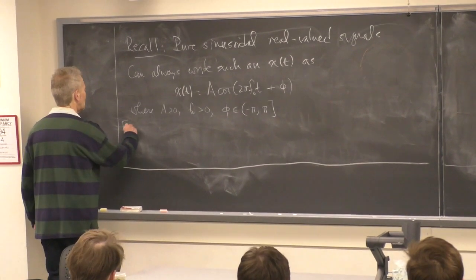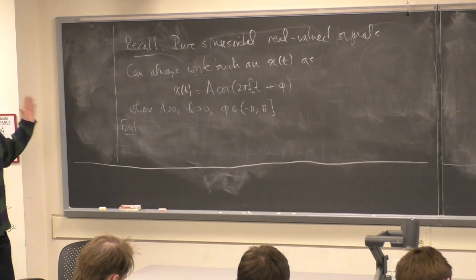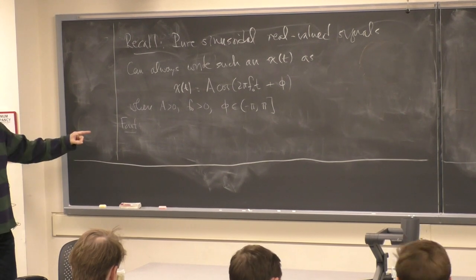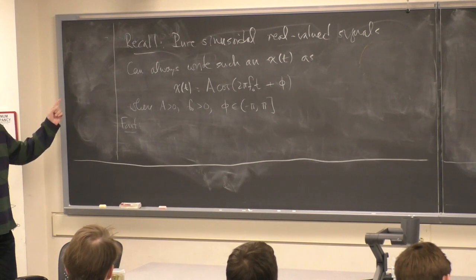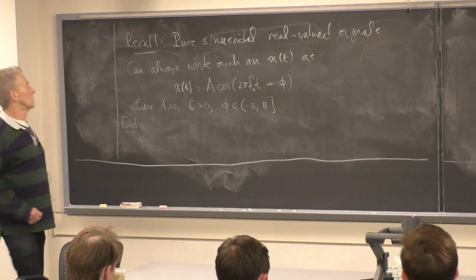And at the end of class last time, we were targeting the following key fact, which is that if I take any kind of a sum of these things where you have the same frequency but possibly different amplitudes and phases, you can always collapse that and rewrite it as a single one.